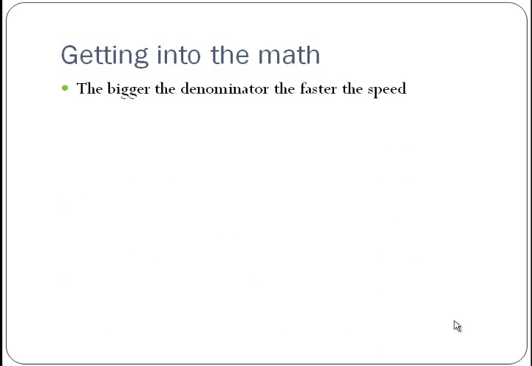It's been a long time since I've done fractions, but in a fraction, the denominator is that bottom number. So when we had 1/60, the denominator was 60. As an example, 1/2000th of a second is a much faster speed than 1/20th of a second. So the bigger the denominator, the faster the speed.